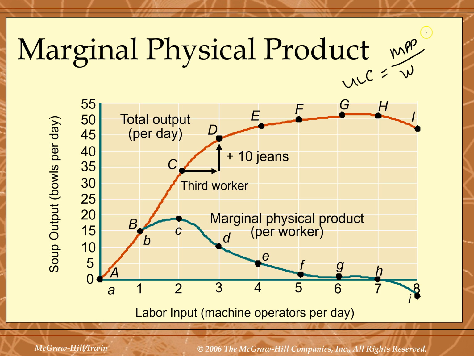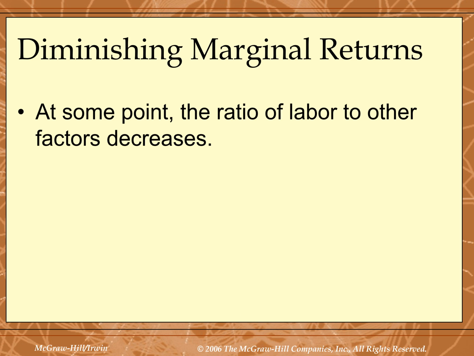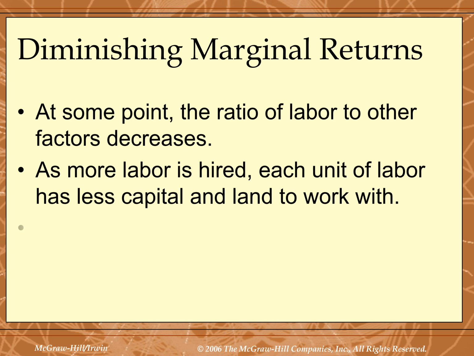If MPP is falling, as you see here, but wage is being held constant, well, if the numerator is falling and the denominator is staying the same, unit labor costs must be rising, right? And that's a big reality when it comes to measuring costs in the short run.